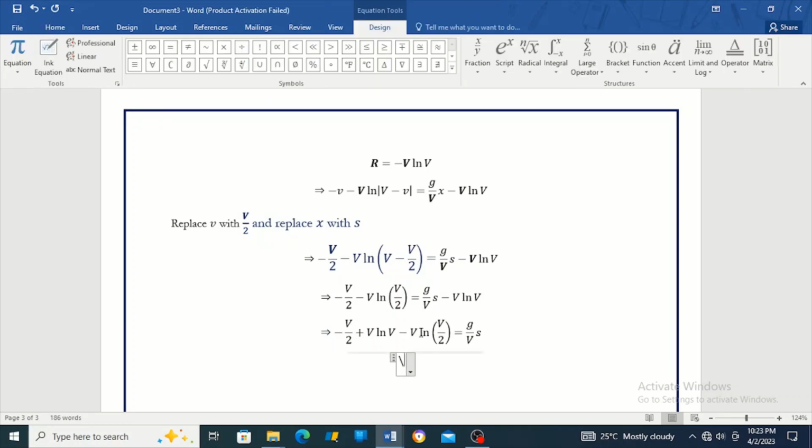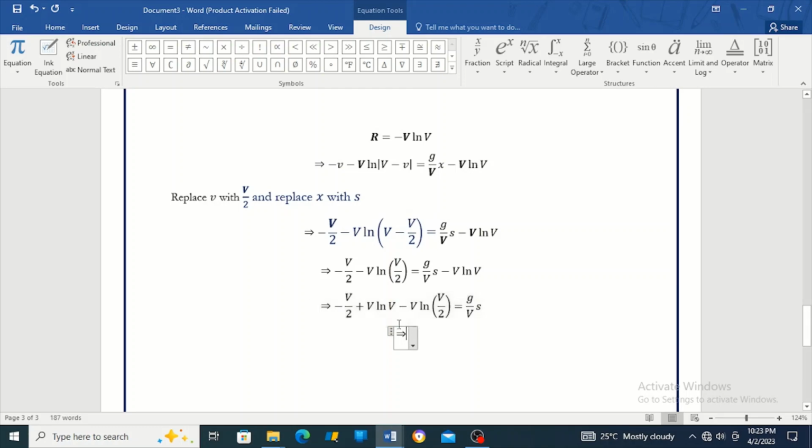So this means that we have minus V on 2. Now we can write this down as V into ln V minus ln 2, V into ln V minus ln 2.